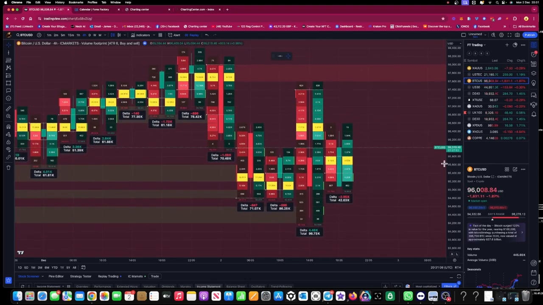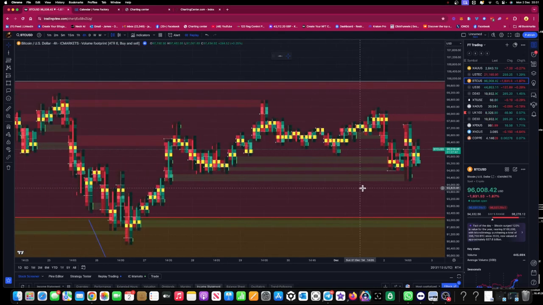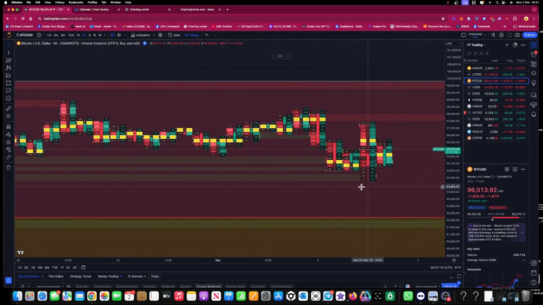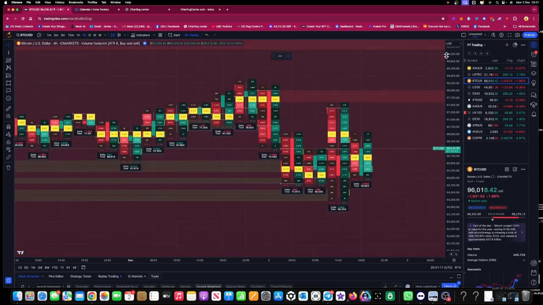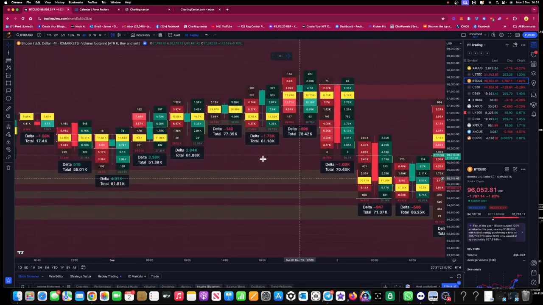Okay, so Bitcoin. You can see Bitcoin's just sitting in that red zone at the moment on the 4-hour chart. A lot of red deltas.